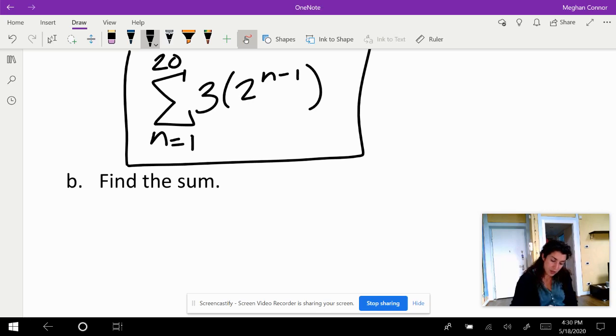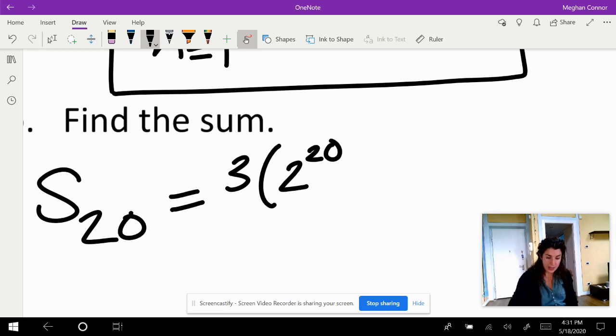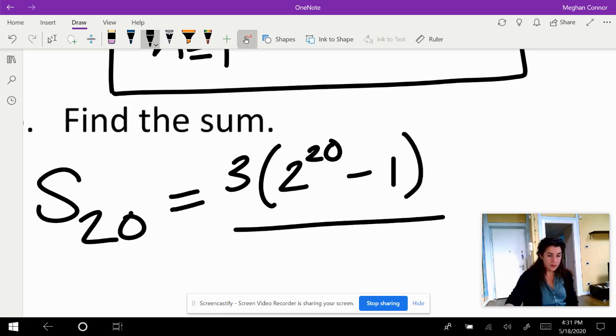So we could have also used our formula, S sub 20 equals, and then it was our first term, which is 3, times our common ratio, which is 2, to the 20th minus 1, all over our common ratio, which is 2 again, minus 1.